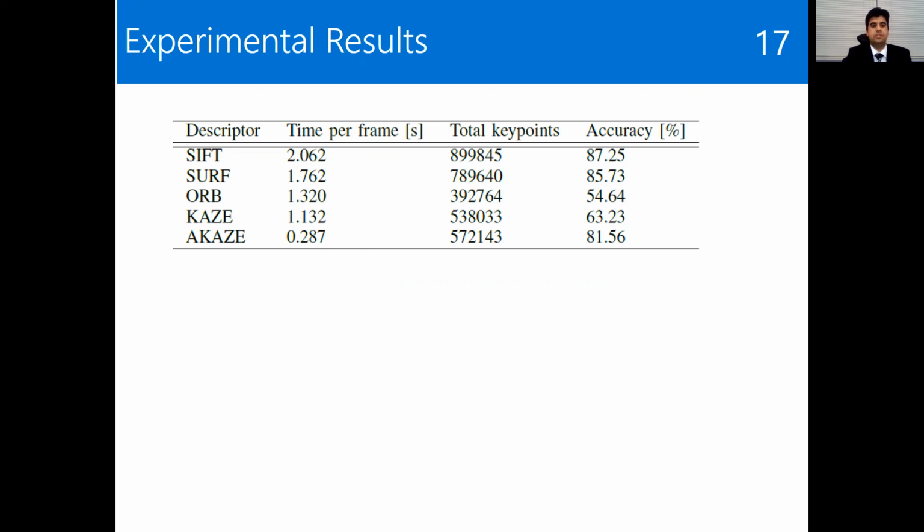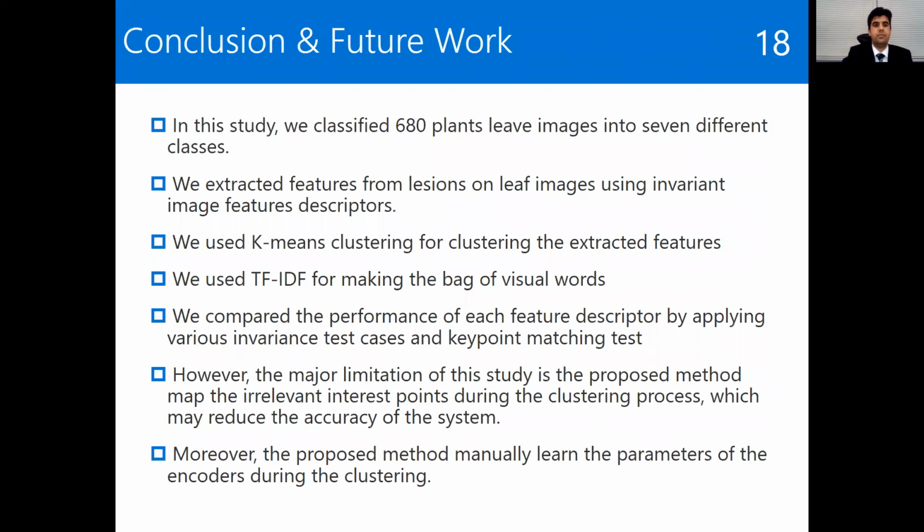And you can also see that the accelerated KAZE is 7 times faster than SIFT and SURF, and it's 5 times faster than ORB. And you can also see that with AKAZE, the accuracy is slightly comparable to SIFT and SURF. So therefore, we justify that accelerated KAZE is the most efficient feature descriptor for the diagnosis of leaf diseases.